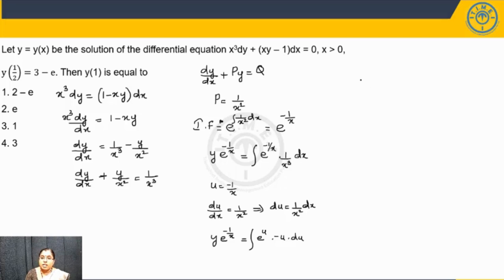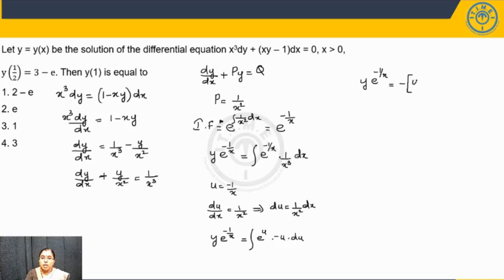So let's write y into e raised to minus 1 by x equal to minus of. Here u is an algebraic function and e is an exponential function. So when you apply ILATE, u is the first function and e raised to u is the second function.